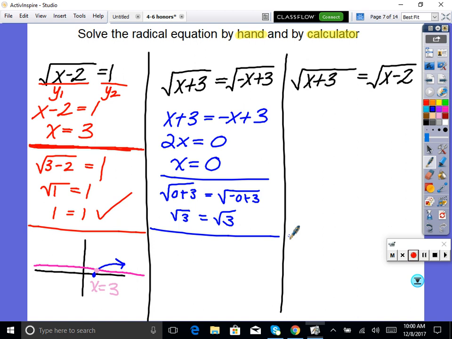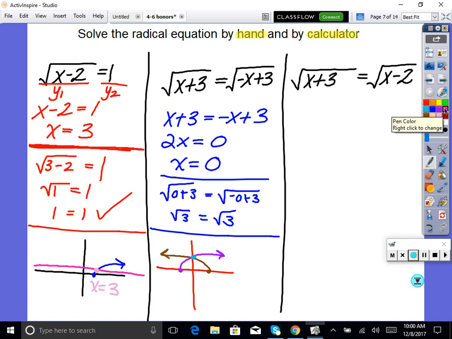Graph it. Do they intersect at x equals 0? Yep. Yes, it's so neat. Boom, there's the intersection, so that's when they're equal.